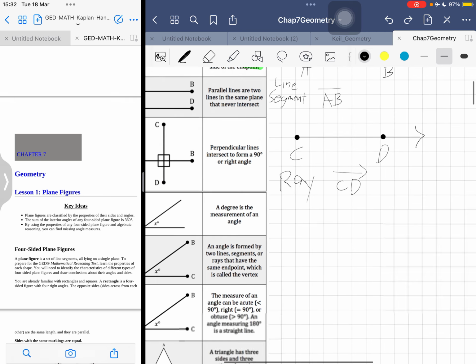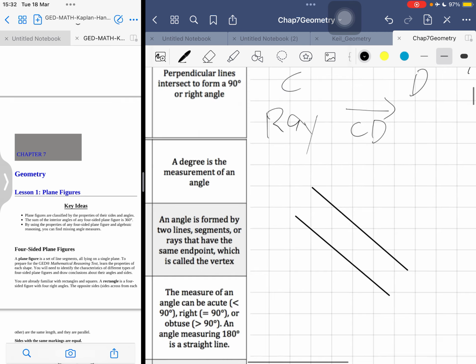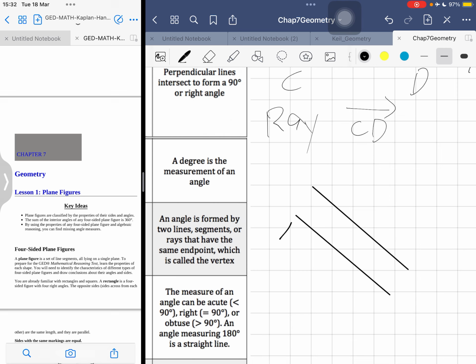For example, there are two lines here. Let's make it diagonal. This is point A here, point B here, point C here, and point D here.